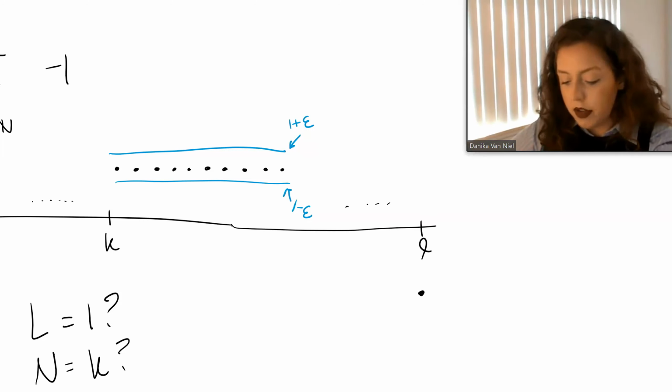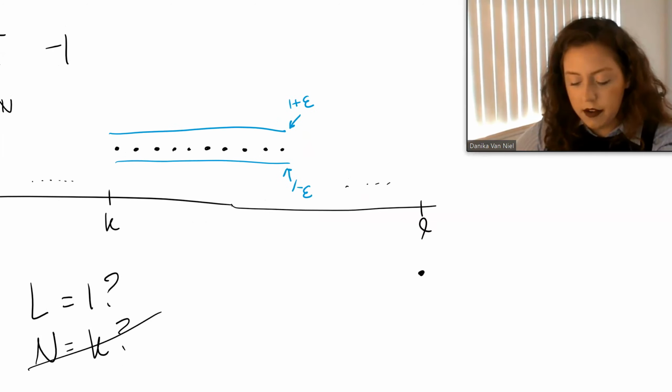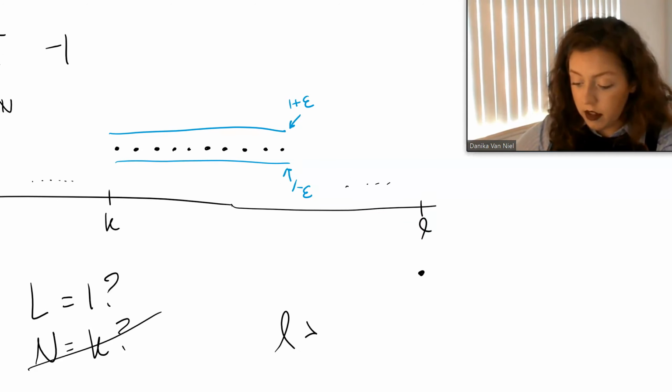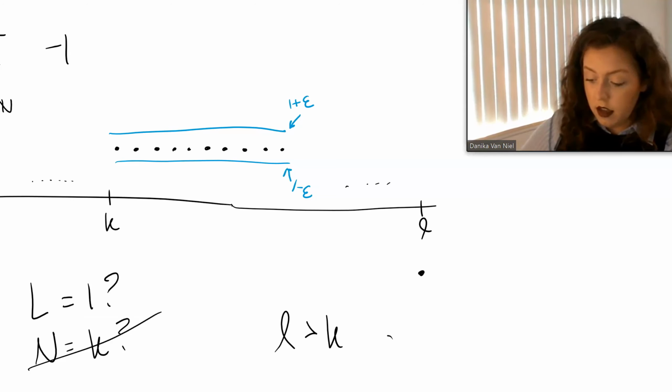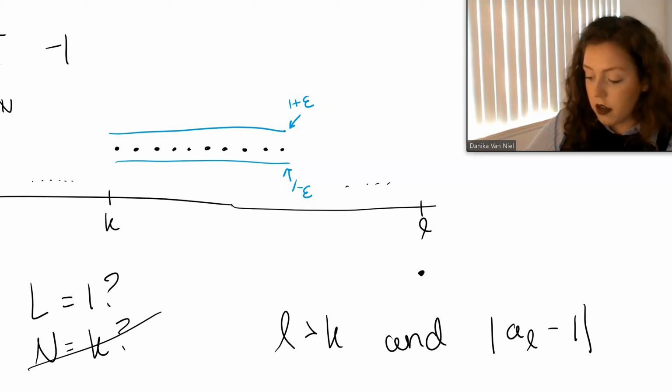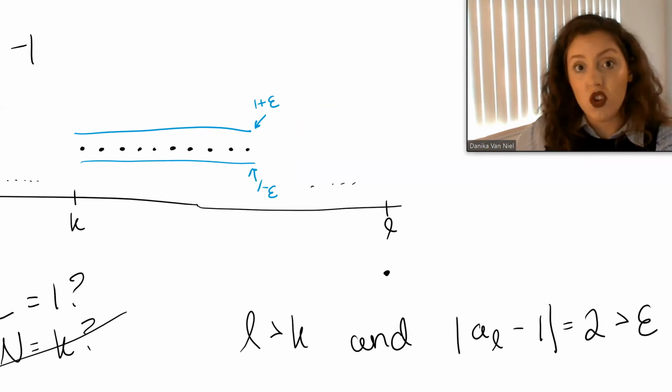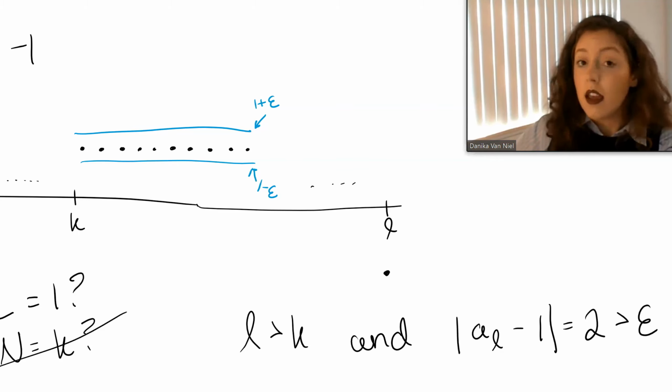Okay, now we lost our capital N, because L is bigger than capital N, or K, and A sub L is -1. Well, remember, epsilon is teeny tiny. So if you pick epsilon to even be 1/2, which is funny to say, but that's humongous.